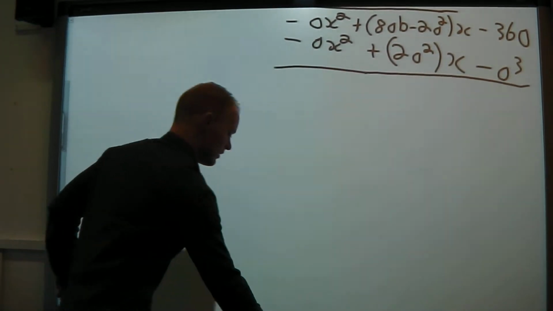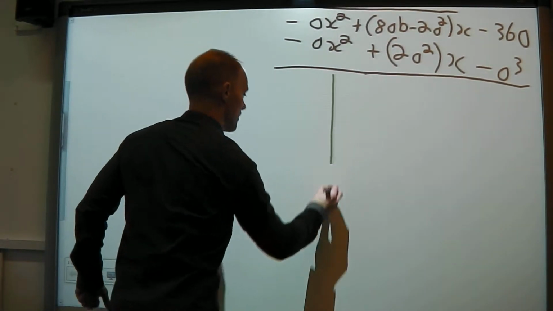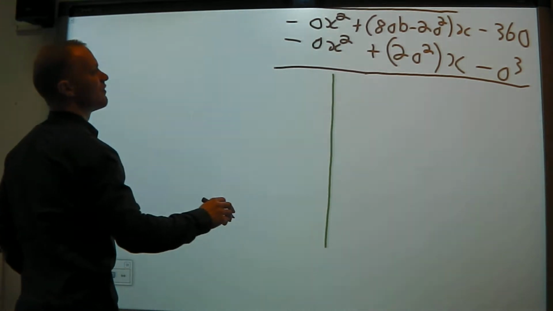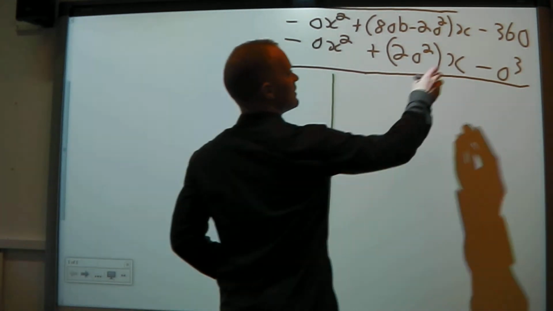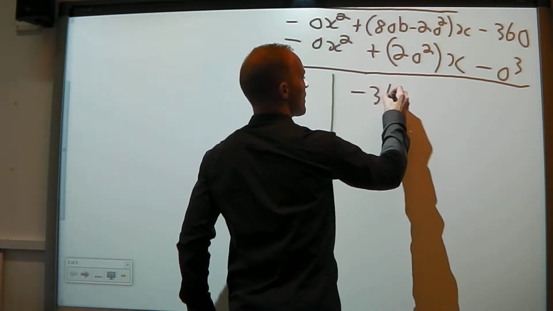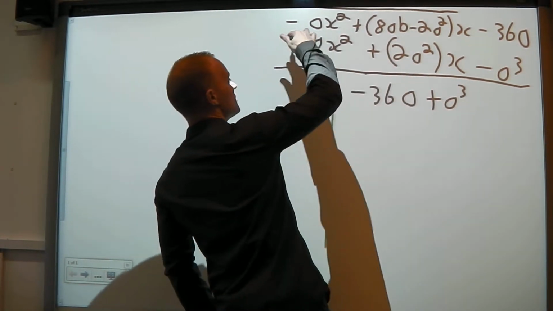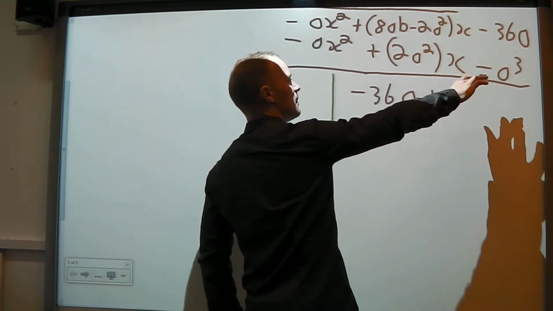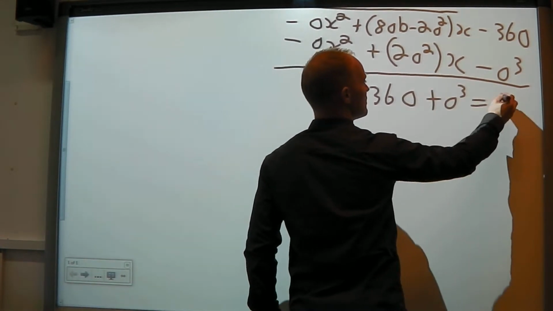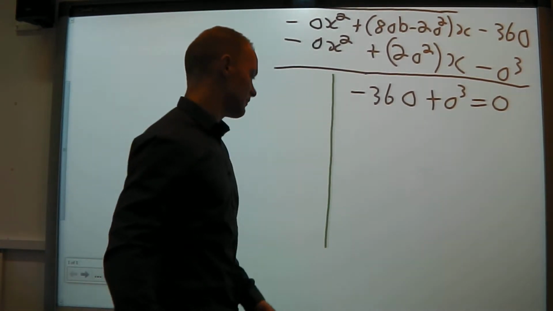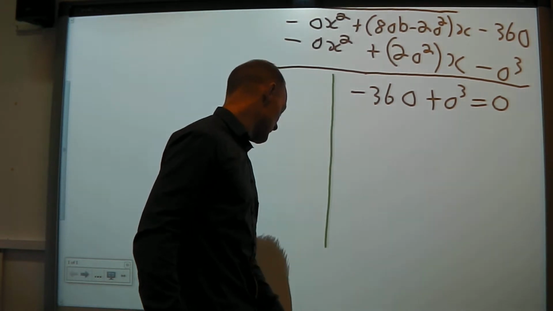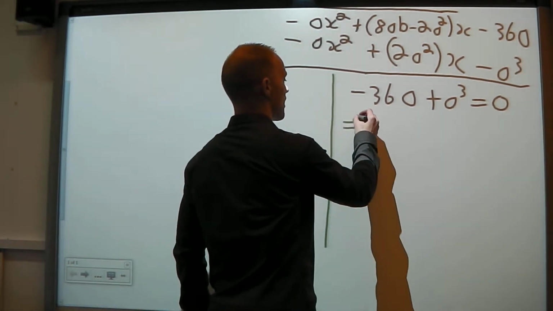So we have two scenarios here. Just draw a line here. I'll start off with this one. We have negative 36a plus a cubed, because we change the sign of every term in the bottom line. So it's plus a cubed, that's equal to 0. Now some of us might see straight away that one possibility is that a is equal to 0.